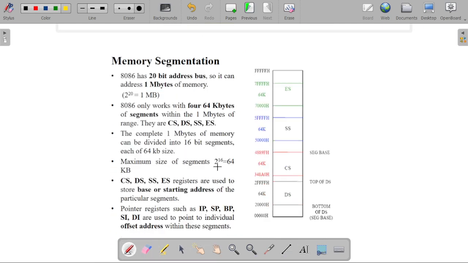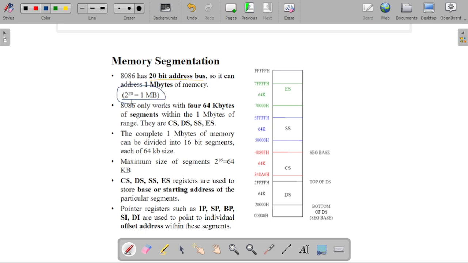Now see, this is the block diagram for our memory segmentation. As we already know, the 8086 microprocessor has a 20-bit address bus. So a 20-bit address bus means 2 raised to 20, which is nothing but 1 megabyte of memory.